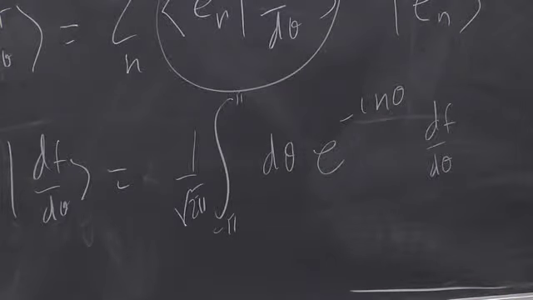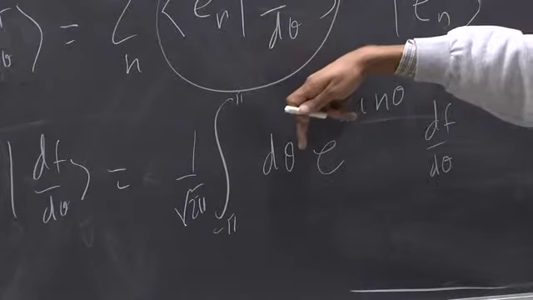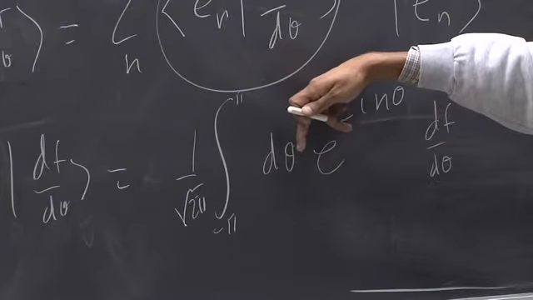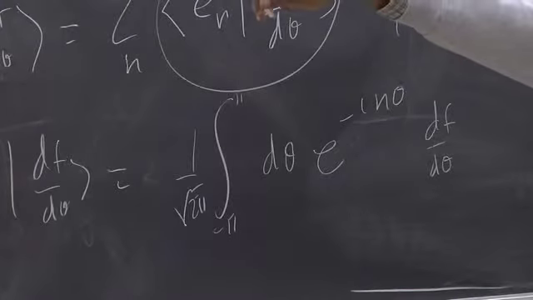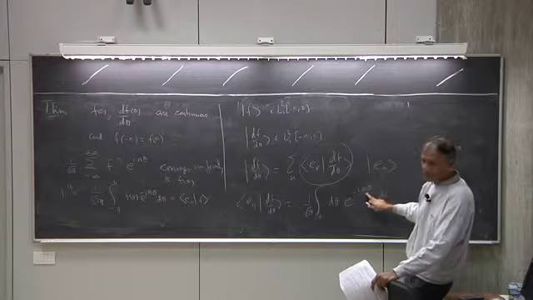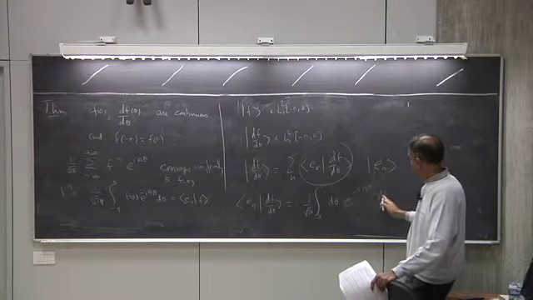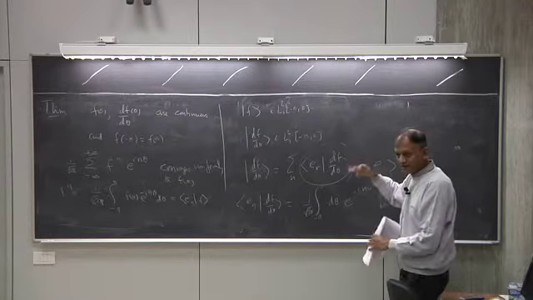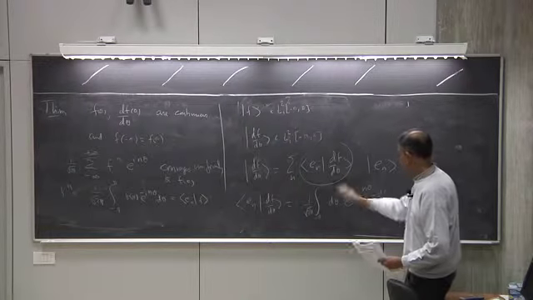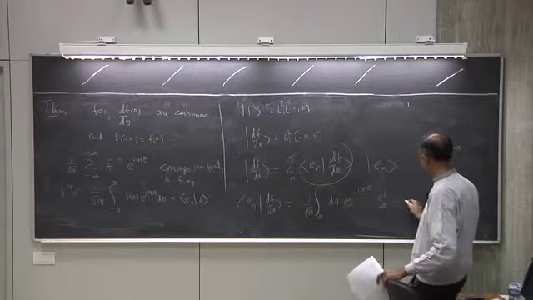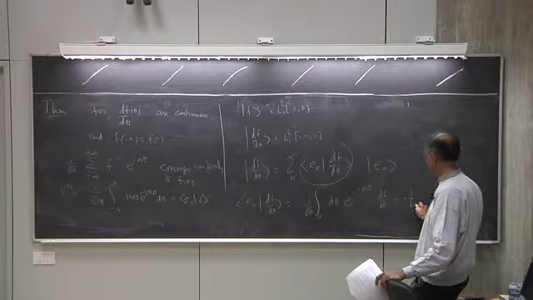Now you can do this integration by parts, and use the fact that f is periodic. So the boundary term will be periodic, and so they will vanish. Therefore I get here minus 1 over root 2 pi, integral from minus pi to pi.